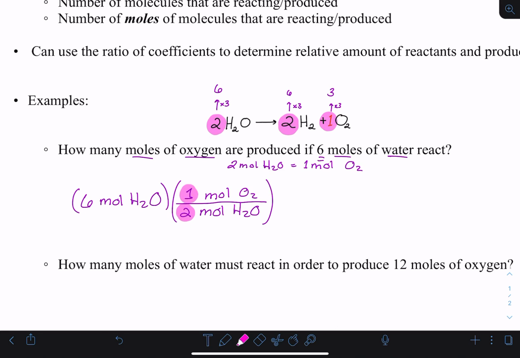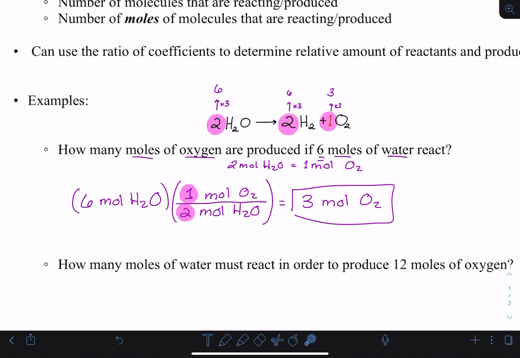So these are coming from our balanced reaction. 2 moles of water, 1 mole of oxygen, and 6 times 1/2 gets us 3 moles of O2. So we come up with exactly the same answer.